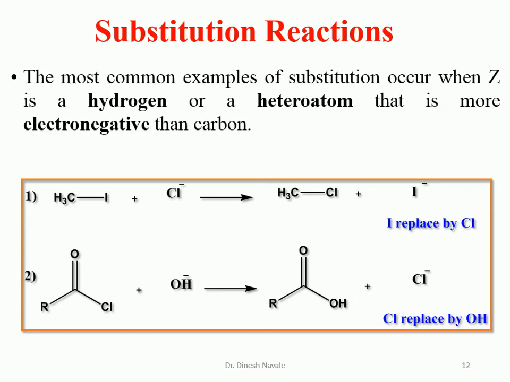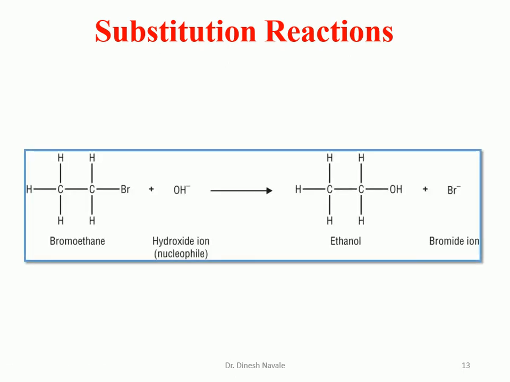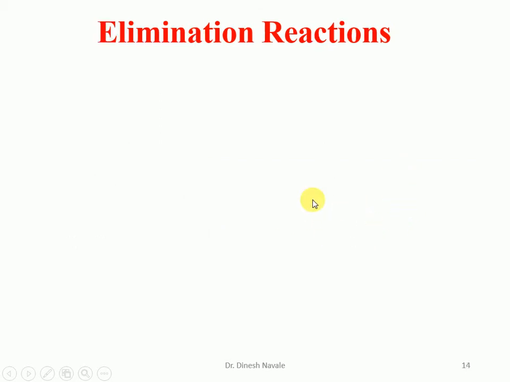The most common example of substitution occurs when Z is a hydrogen or a heteroatom that is more electronegative than carbon, one of the basic requirements of the substitution reaction. This is also a substitution reaction in which bromide is replaced by the hydroxide ion, and we get the alcohol as the product.